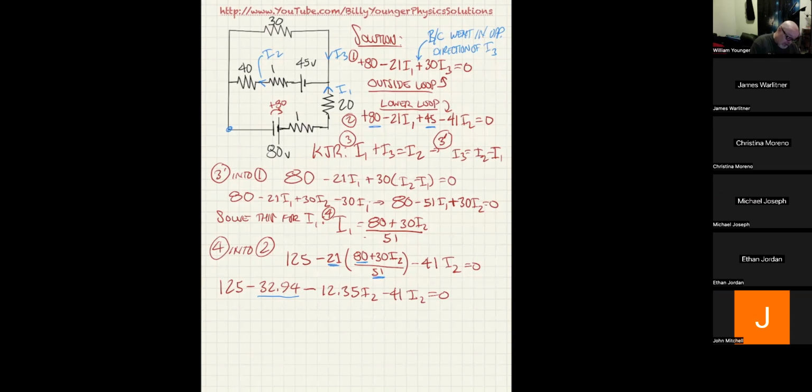So now I've got 53.35, and that times I2 is equal to, since I've already used those two things, I'm now going to take the 125 and subtract 32.94 from it. 125 minus 32.94 gives me 92.06.